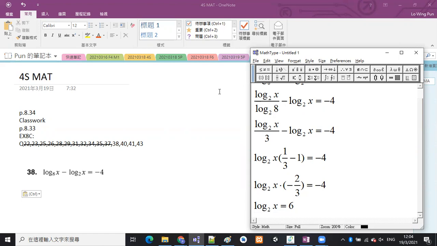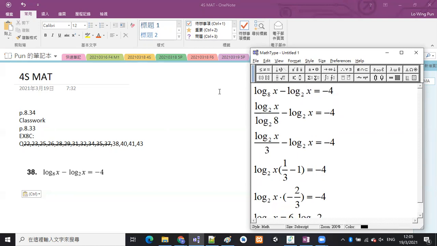Left-hand side is ready because it is one single log, but the right-hand side is not. There is just a number here, and according to my method, I will multiply by a 1, and that 1 will be changed to log a base a. In this case, the base should be chosen as 2, so it will be written as log 2 base 2.